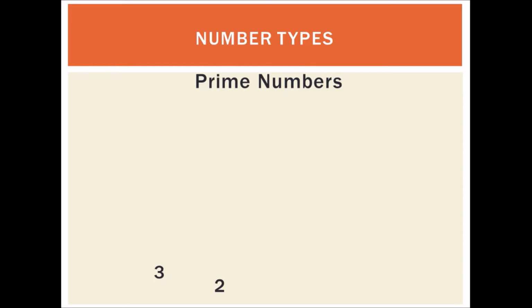There is no other number that can be multiplied to make 3. 5. 1 times 5 is a prime number. There are other numbers, for example, 7, 11, 13, 17, 19, 23, 29, 31, and there are obviously more numbers.